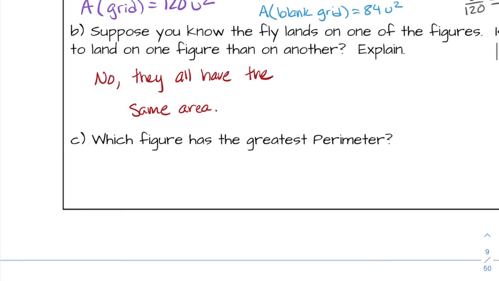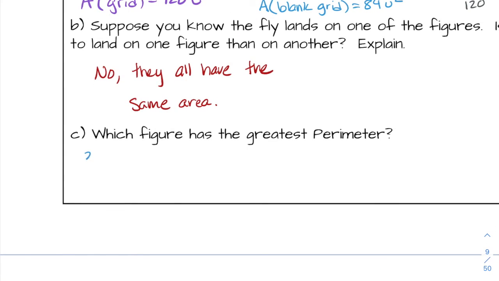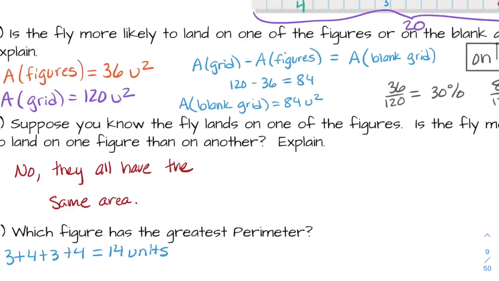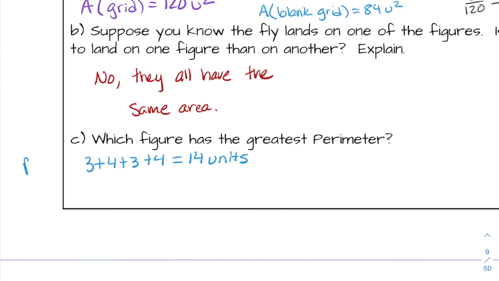So here we have 3 plus 4 plus 3 plus 4, which is 14 units in blue. So perimeter of rectangle.